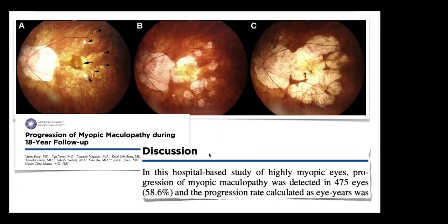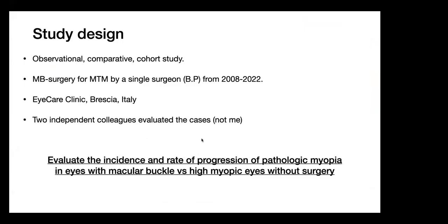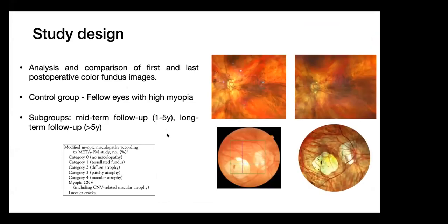As Kyoko Ohno-Matsui said, you can have more than 60% progression of atrophy in years as a natural process in these eyes. So I have done a study of patients operated with the buccal with a very long follow-up, and I have studied the progression of atrophy in the operated eye and in the contralateral eye.